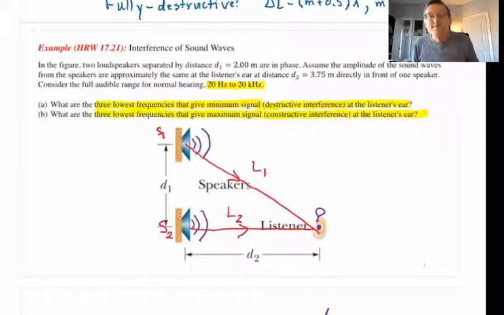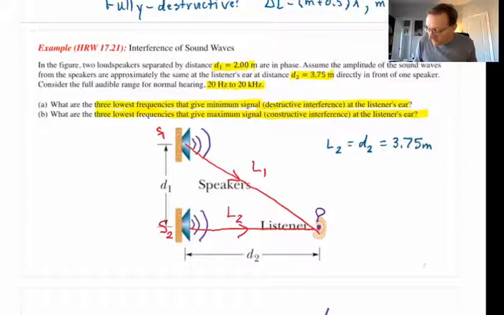Okay. Now, we have D1, 2 meters. We have the distance D2, 3.75 meters. We know that L2 is just D2, 3.75 meters. L1, well, I need to know that distance L1.